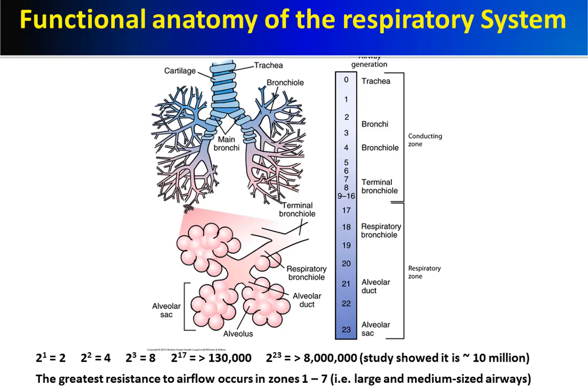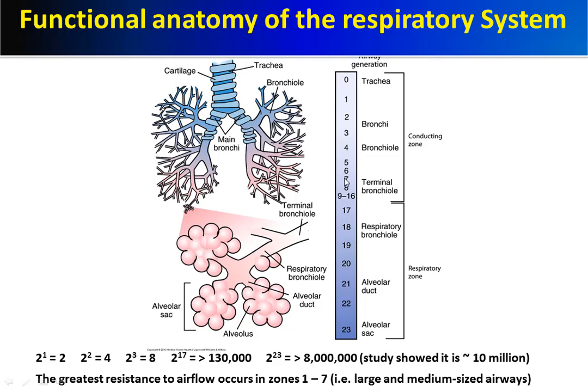So here we have our trachea, zone 0. Then the main bronchi, level 1. Lobar bronchi, level 2. Segmental bronchi, level 3. Then 4, 5, 6, 7, they are all bronchi.